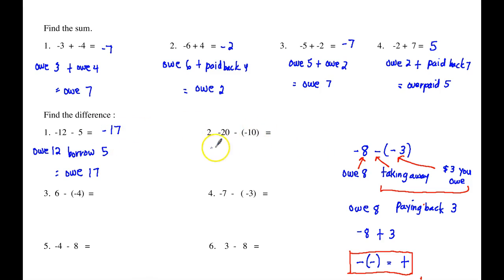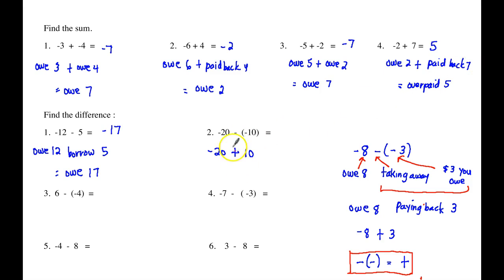The next one, negative 20. So you owe 20 and oh, you have minus negative here. Remember, minus negative means you're taking away part of your debt, which means you're paying back. So negative 20, I'm going to rewrite that, negative 20 minus negative, I'm taking away part of my debt, which means I'm paying back $10.